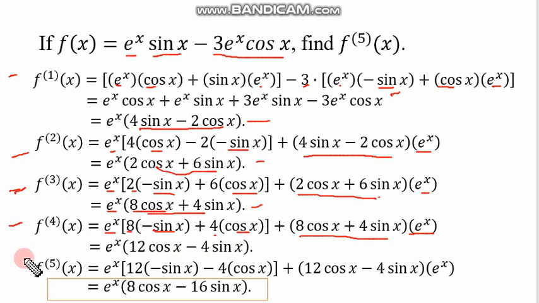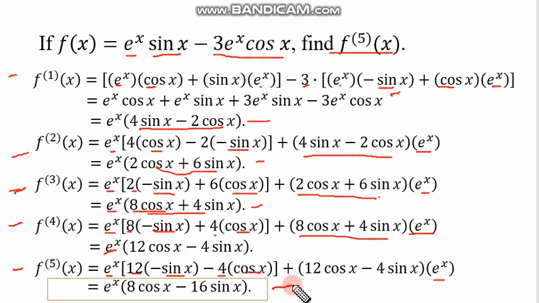We will get the fifth order derivative, which is what we are looking for. So using the fourth derivative, we will get the fifth derivative. E raised to the x times the quantity of 12 times the derivative of cosine x, negative sine x, minus 4 times the derivative of sine x, which is cosine x, plus the second function, 12 cosine x minus 4 sine x times the derivative of e raised to the x, which is itself.